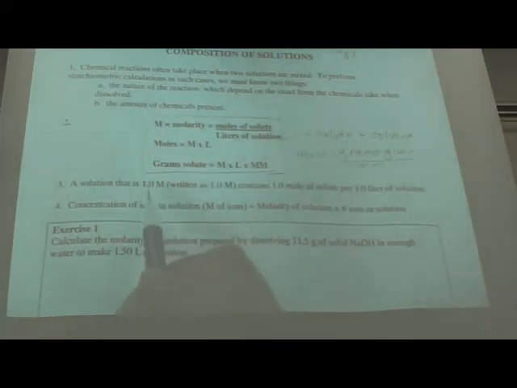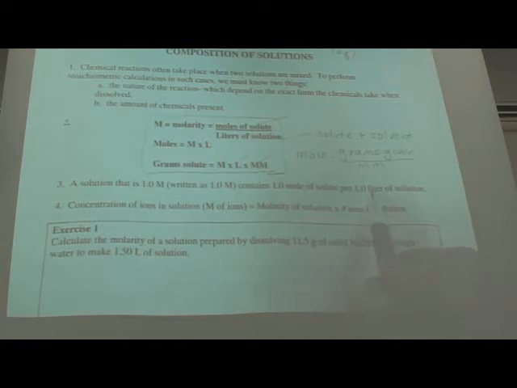Now, a solution that is 1 molar, that's the way you write it, you say 1 molar, contains 1 mole of solute in 1 liter of solution. So if I have a solution of, let's say, sodium chloride, first of all, what would be the solute?